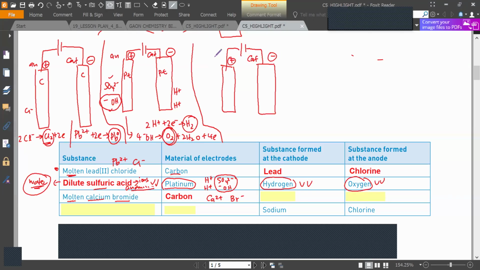Cathode, anode. Negative will attract positive, and positive will attract negative. Calcium plus 2 electrons forms calcium metal at the cathode. On the other side, bromide loses 2 electrons to form bromine gas. So our product is bromine.